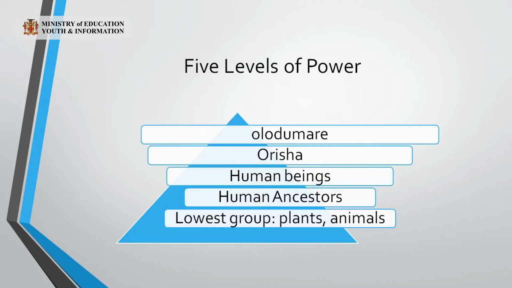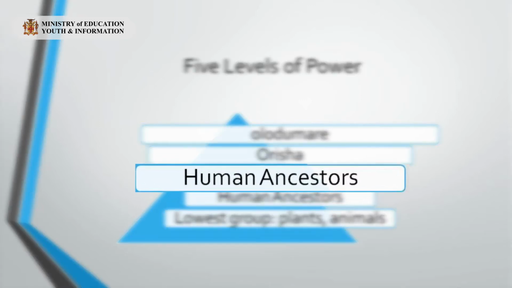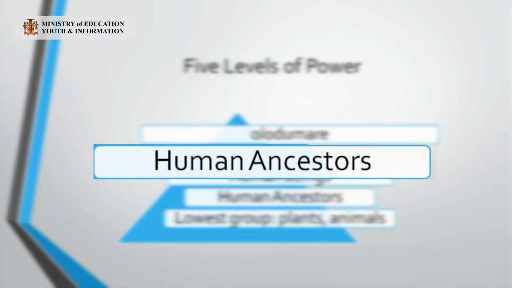Then we come to this other order on the hierarchy, and we see human ancestors. Do they have power? Devotees of Santeria say yes. Human ancestors, which they call the Egun. The Yoruba people believe in the existence of one world that both humans and the spirit beings occupy.